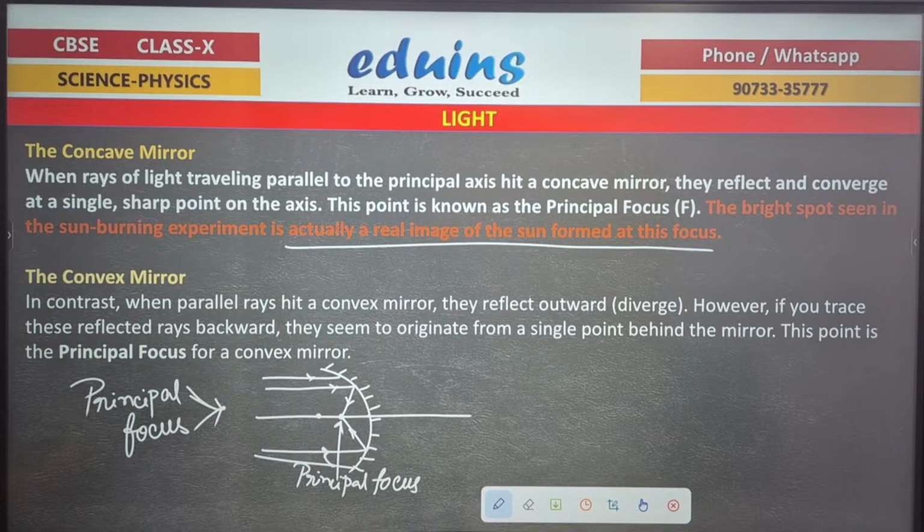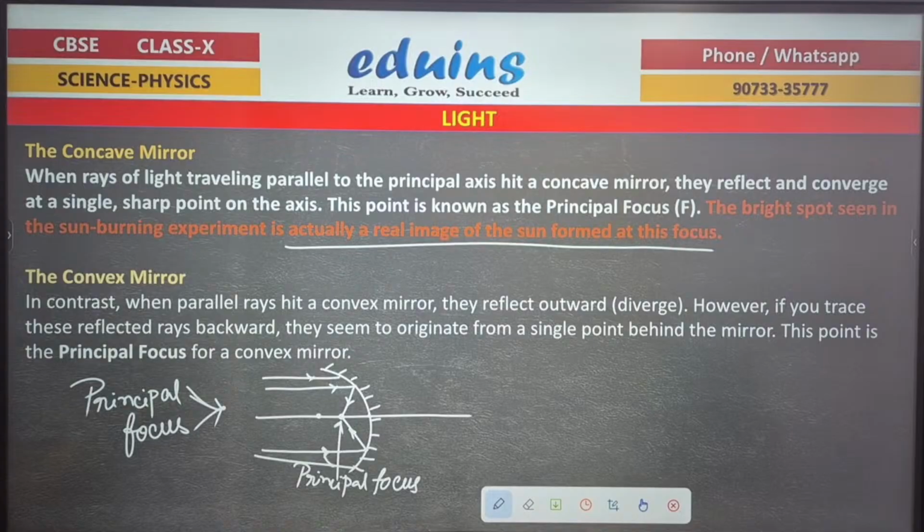Now the convex mirror. The definitions of principal focus are different for the two types of mirrors. So for the concave mirror, the definition is that when rays of light traveling parallel to the principal axis hit a concave mirror, they reflect and converge at a single sharp point on the axis.